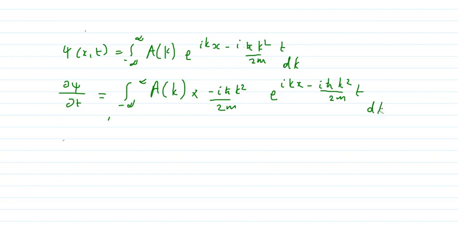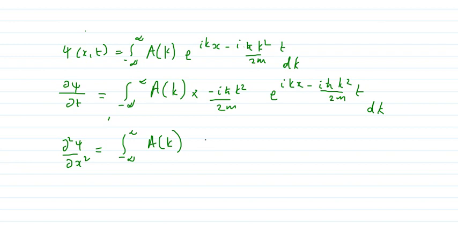Now differentiating with respect to x twice, the coefficient of x comes out twice, because we have done the same differentiation earlier, just a slight difference in the equation. So dou square psi by dou x square is equal to the integral from minus infinity to plus infinity of a of k.